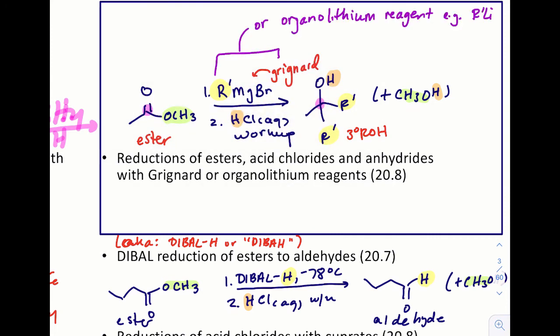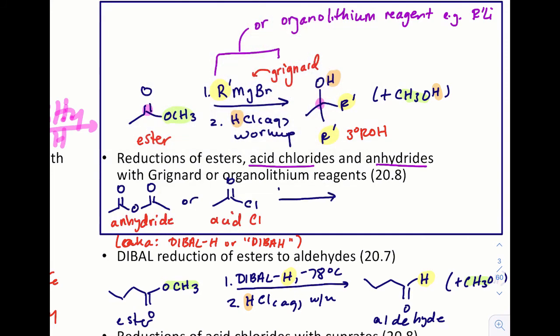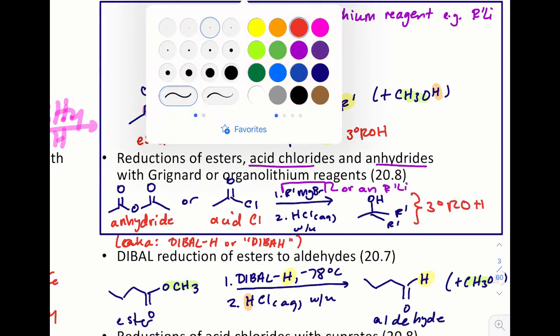A similar transformation also occurs with acid chlorides and anhydrides with either Grignards or organolithiums. If either an anhydride or an acid chloride is treated with a Grignard reagent followed by aqueous acidic workup, or instead of a Grignard, an organolithium reagent, tertiary alcohols will be observed.